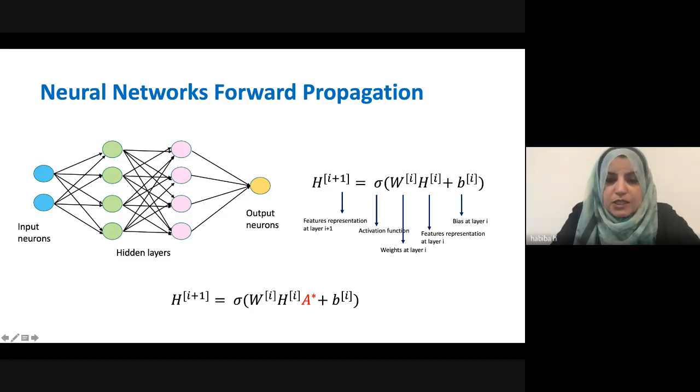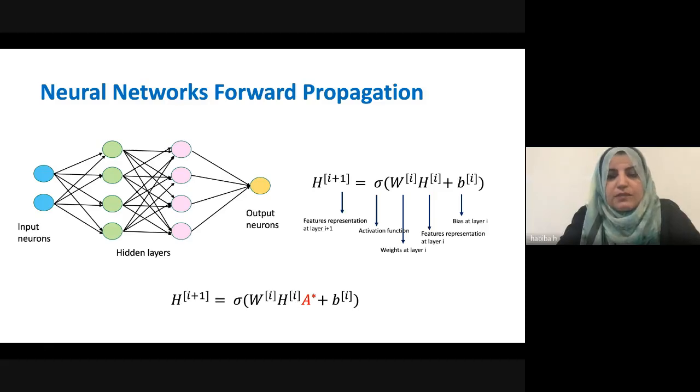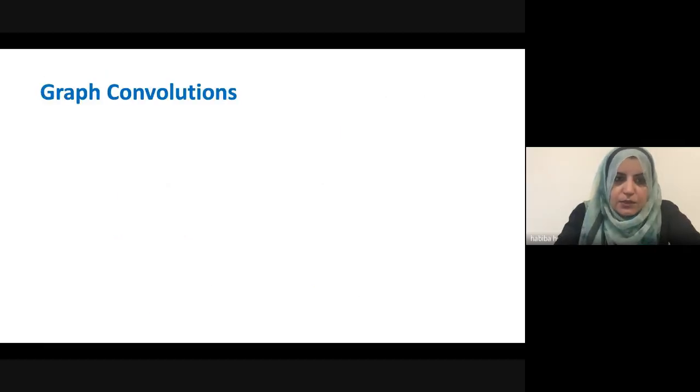Sorry, I didn't use the word adjacency before, but generally the data structure we use to represent a graph is an adjacency matrix, which I'll show you in a bit. I'm hoping you have already seen it in some form in other classes. Anyways, now let's get into what a graph convolution is.